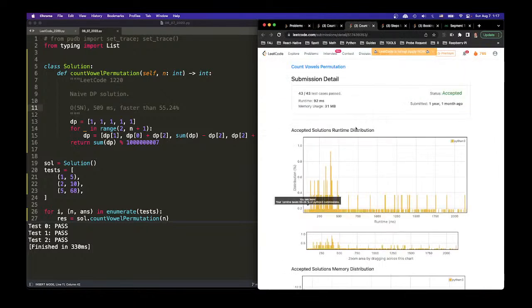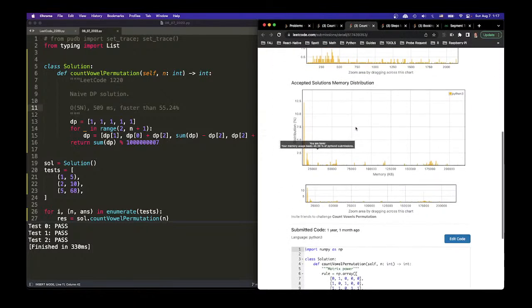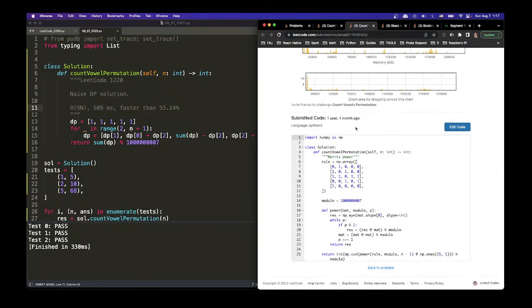So what makes this one so fast? Matrix power. Oof. This is a matrix power.